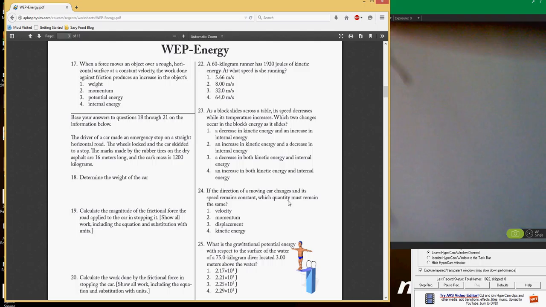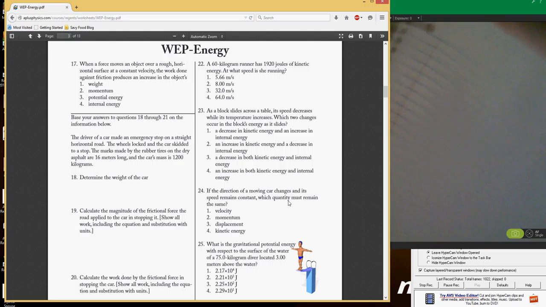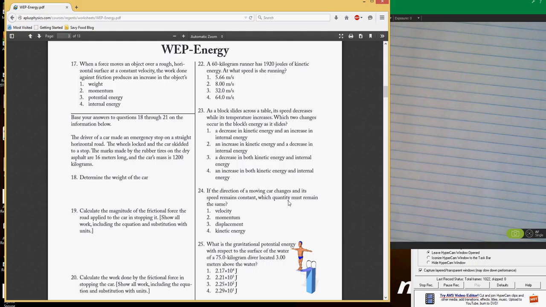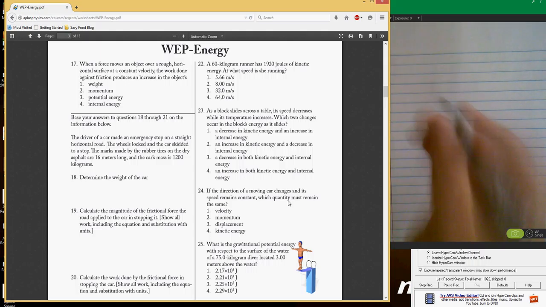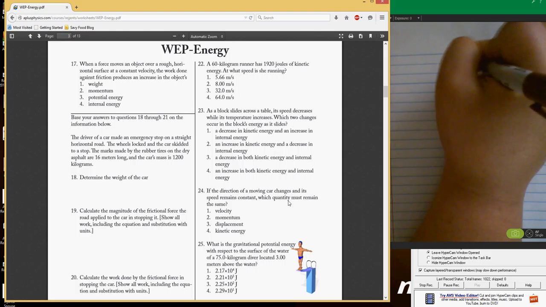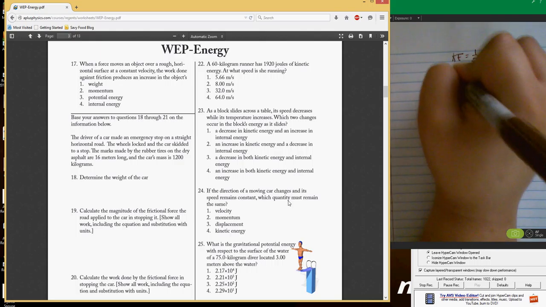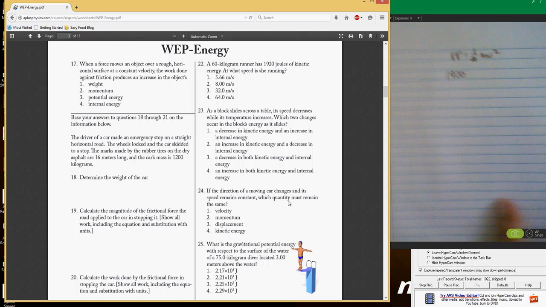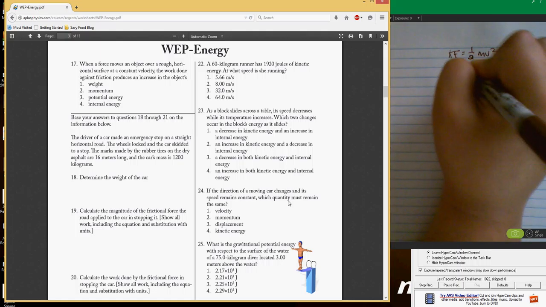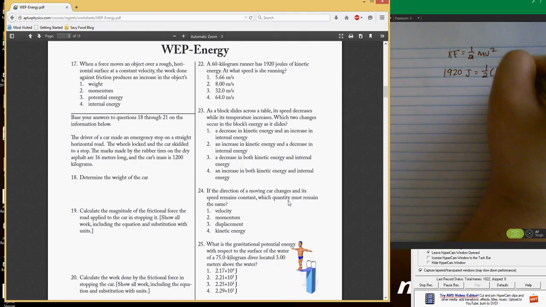22 says a 60 kilogram runner has 1,920 joules of kinetic energy. At what speed is she running? So again, kinetic energy equals 1/2 mass times velocity squared. So the total energy given, 1,920 joules, is equal to 1/2 the mass, which is given, 60 kilograms, times velocity squared.